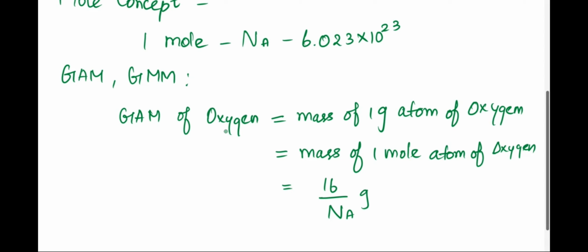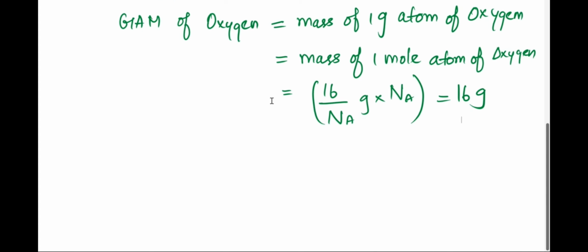Mass in gram into Na, which becomes 16 grams. What I can say is that atomic mass, if referred to in grams, will be gram atomic mass, in most of the conditions.